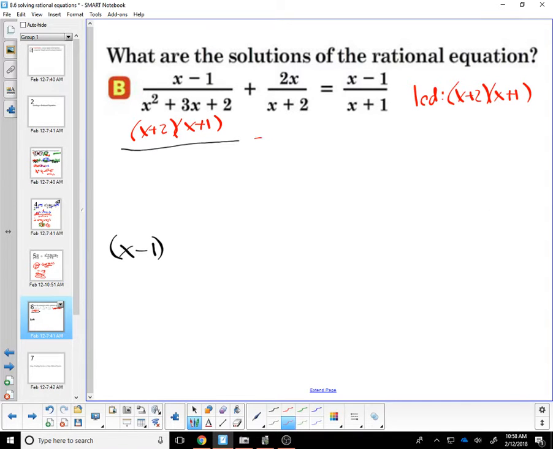In the second part, the 2x will be multiplied by the x plus 1, because the x plus 2's will make a 1. They'll simplify to 1. That's going to equal x minus 1 times the x plus 2, because the x plus 1's will simplify to a 1 as well. So you end up with that.